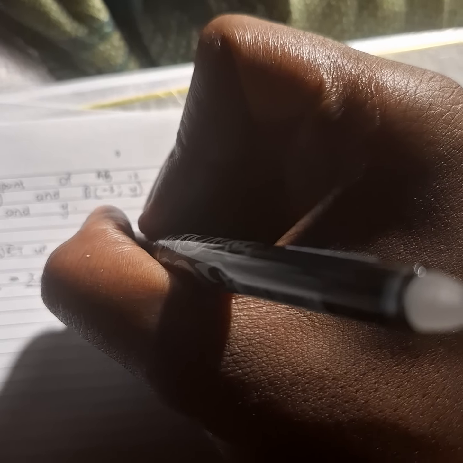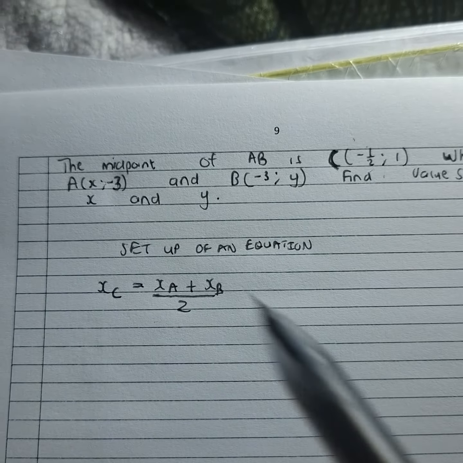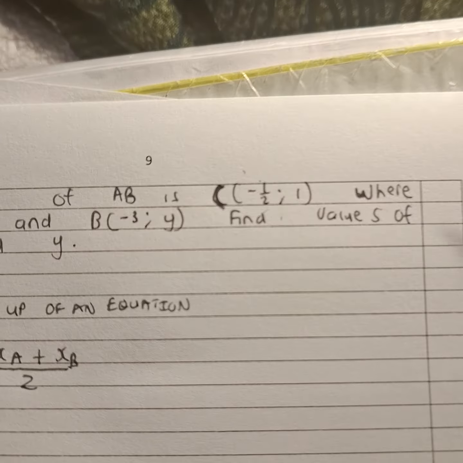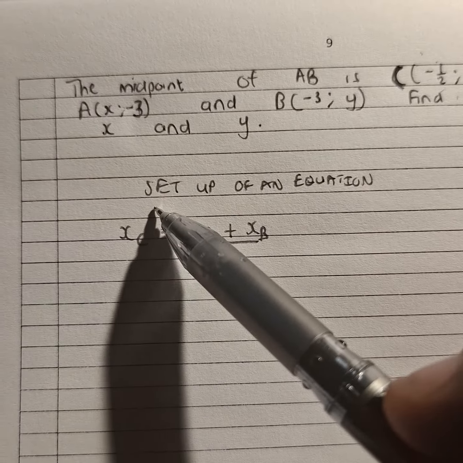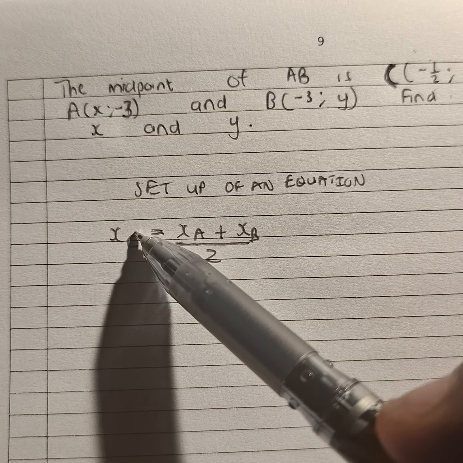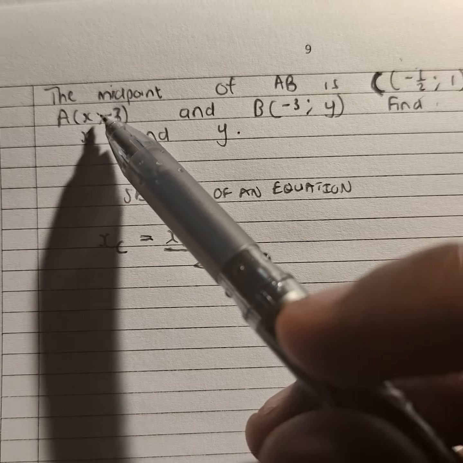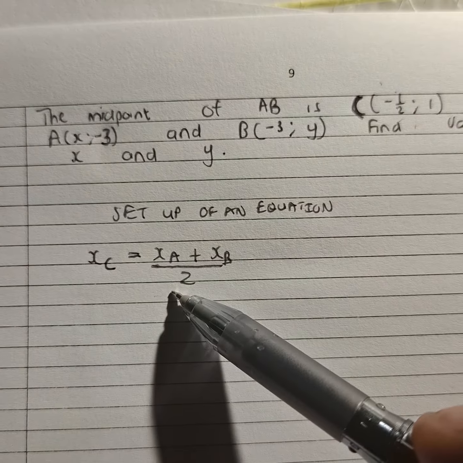This is what we call a setup of an equation. I repeat, the x coordinate of the midpoint is found by adding the x coordinates of A and B, because those are our endpoints, and then dividing by 2.